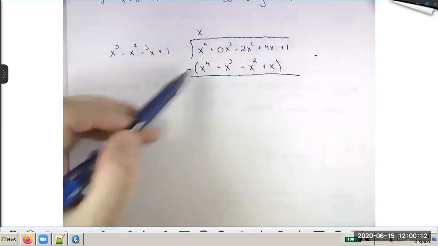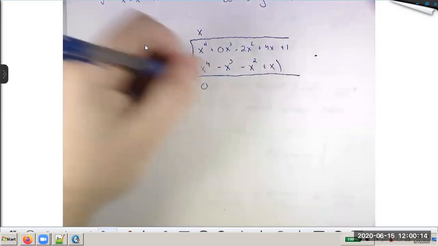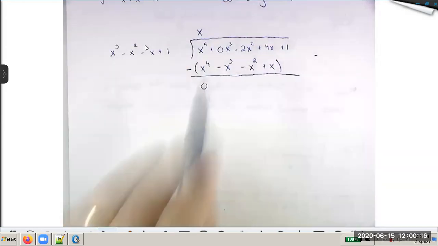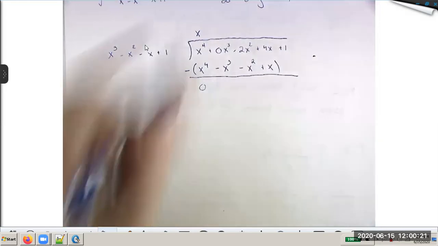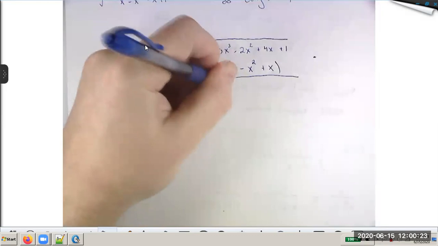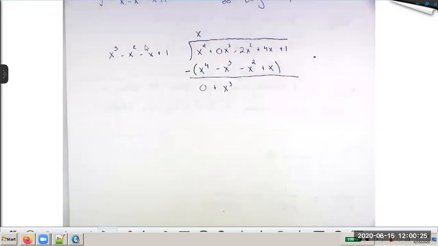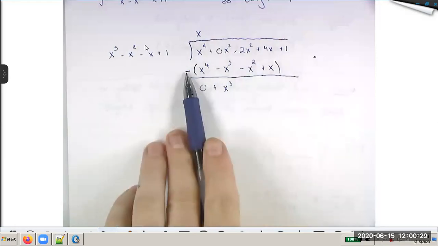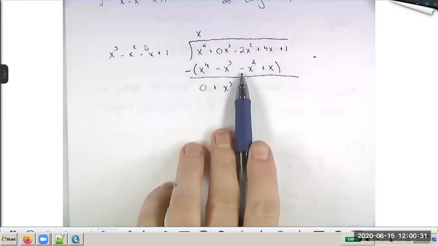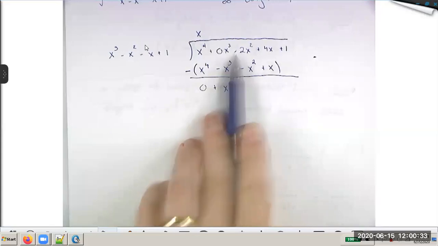X to the 4 minus x to the 4, that's 0. 0x cubed minus negative x cubed is 1x cubed. Negative 2x squared minus negative x squared is negative 2x squared plus x squared.